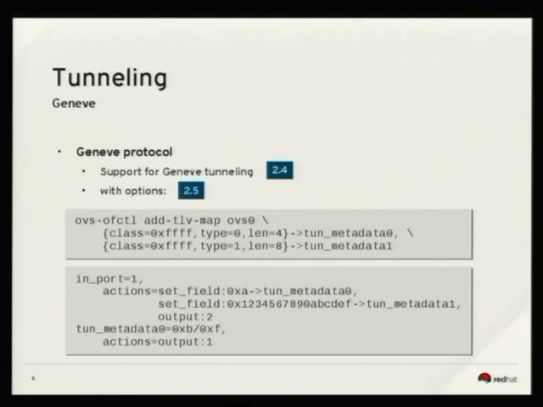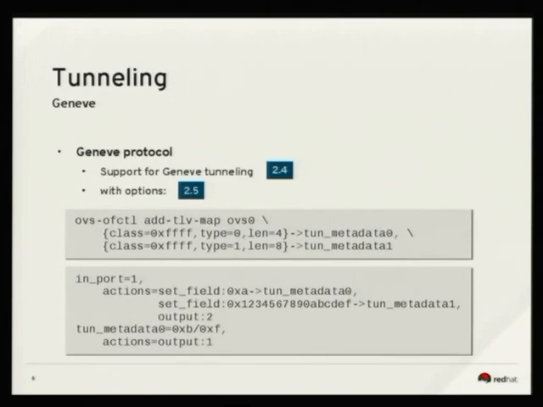So using the new command add-tlv-map, you can specify actual TLV attributes, and then later set them using the set_field action. That adds this value to the Geneve header using this TLV.